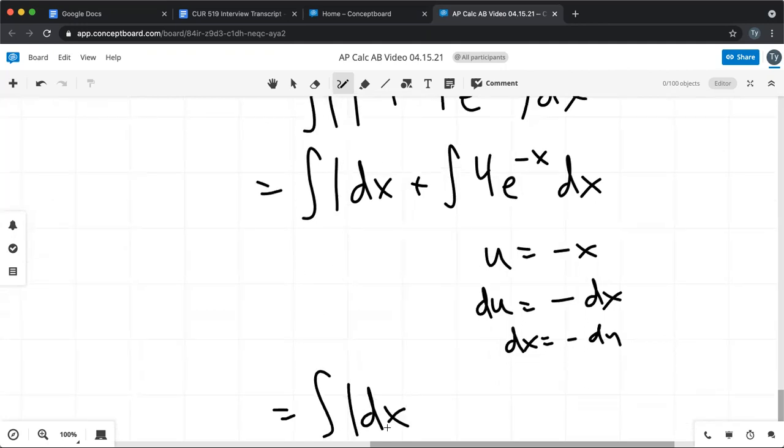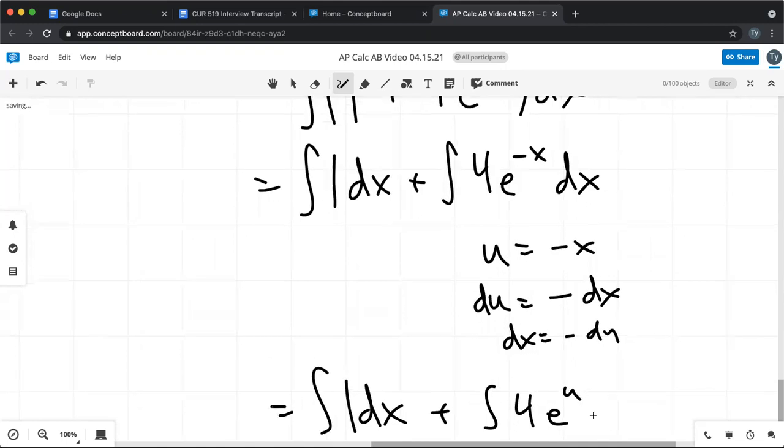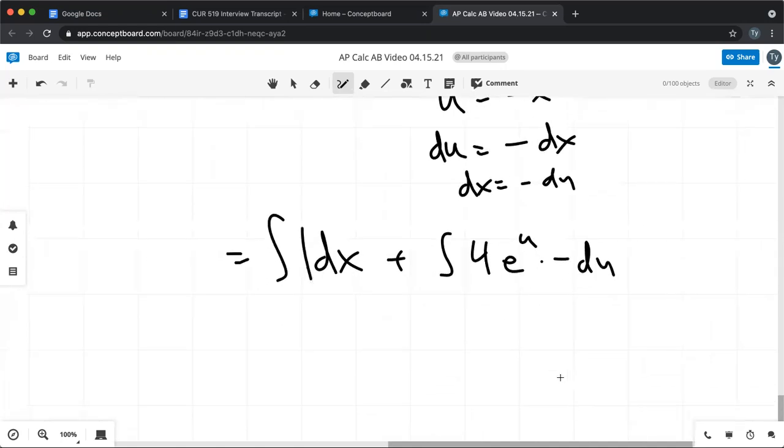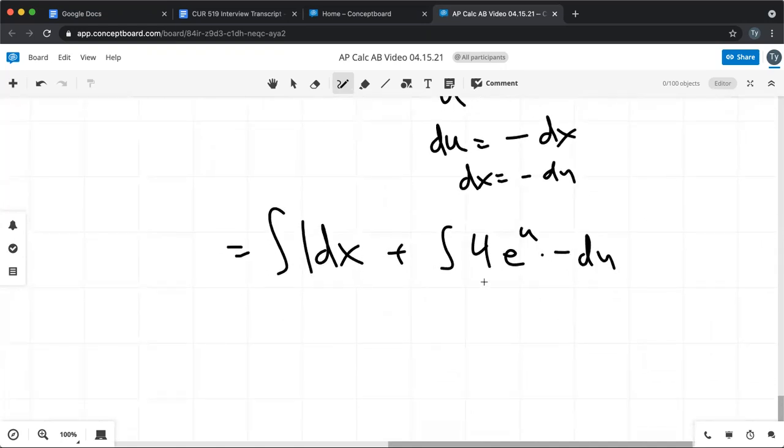So we still have the integral of 1 dx over here, and now we have 4e to the u, and instead of dx, we have a negative du. Okay, do I have any x's here? No, I don't. That means U-substitution was okay.